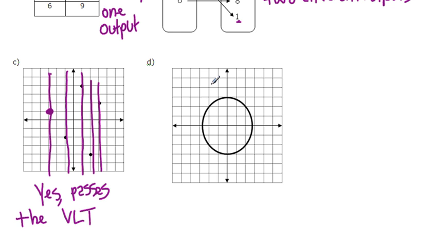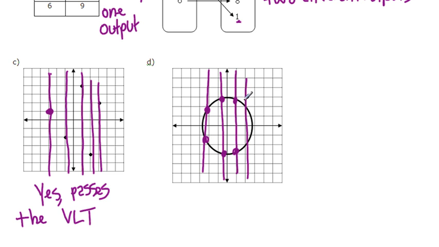Now D, obviously it doesn't have points. It's connected, it's a circle. But what I'm looking for is anywhere I draw a vertical line, if it's a function, it should only intersect my relation in one spot. Well, if you notice, anywhere I draw a vertical line, it's hitting my circle in more than one spot.